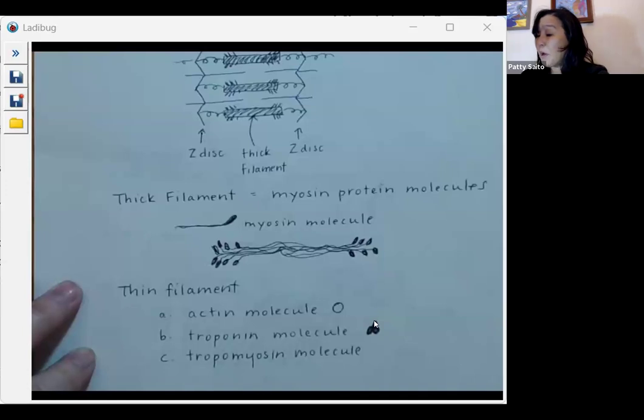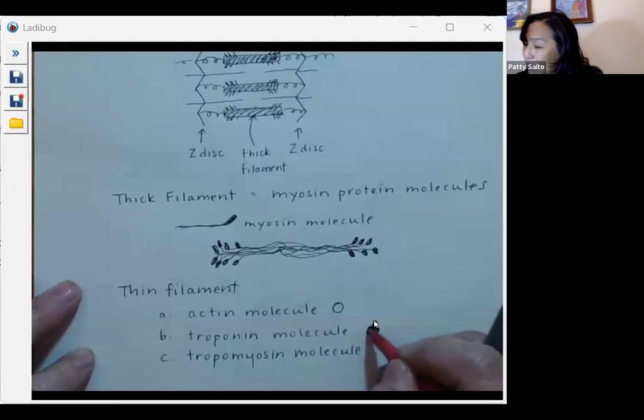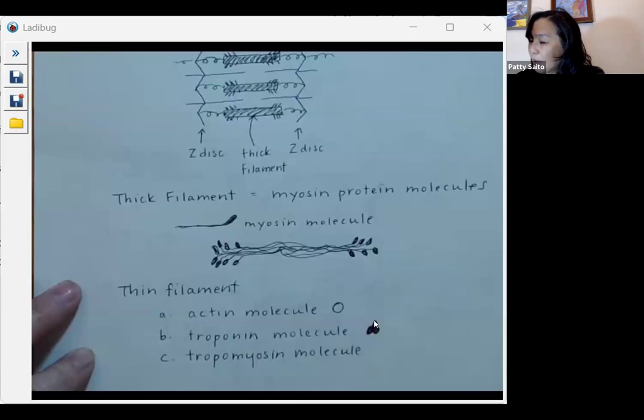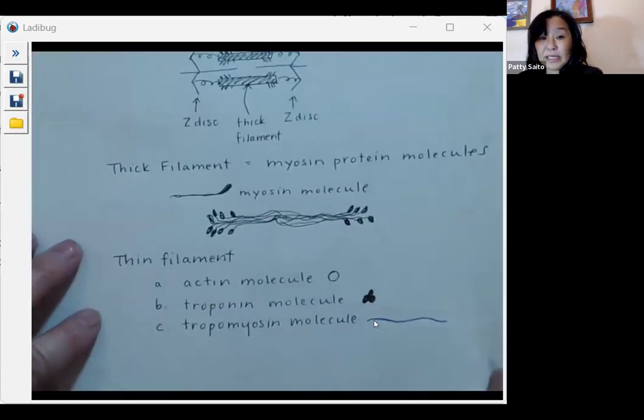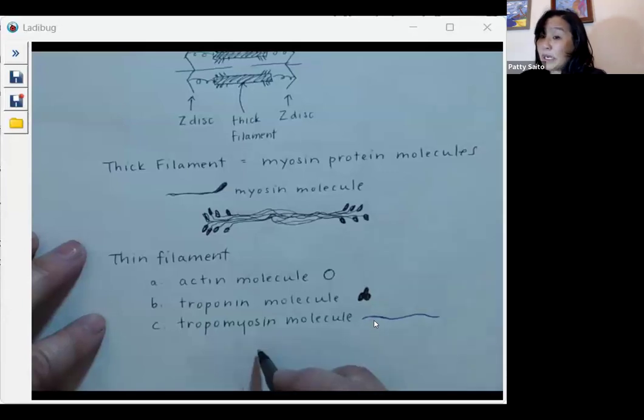The tropomyosin molecule is more like a rope. Now let's put them together. So the thin filament is made up of actually a whole bunch of actin molecules, like this.